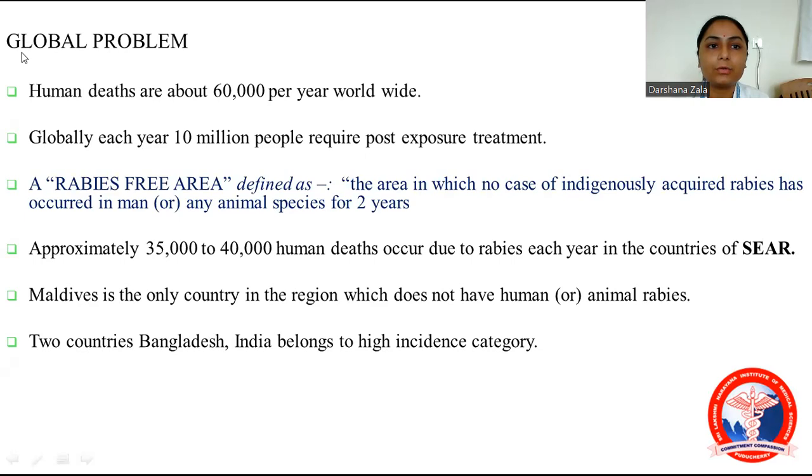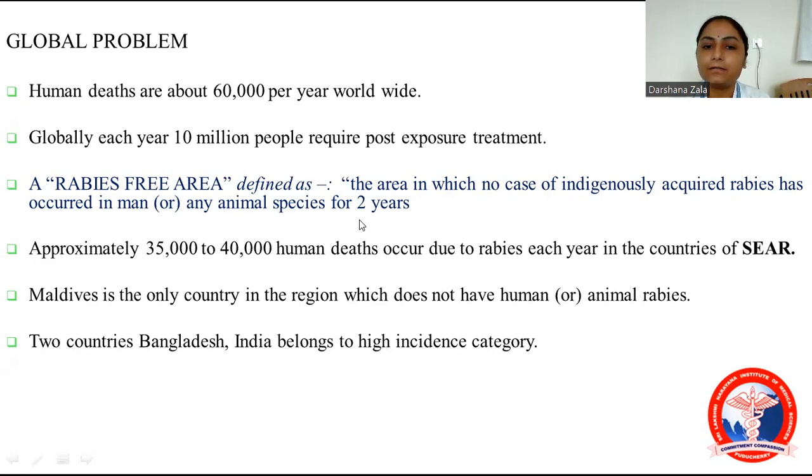If we see the global problem, every year 60,000 human deaths are reported because of rabies infection. And 10 million people globally require post-exposure treatment. Few areas are reported as rabies-free areas. So what is a rabies-free area?